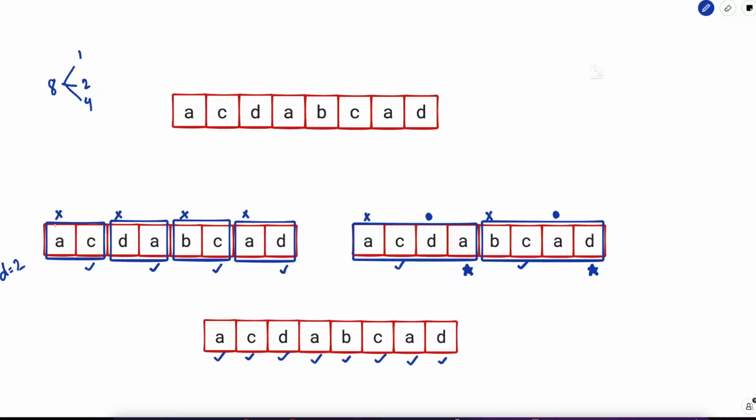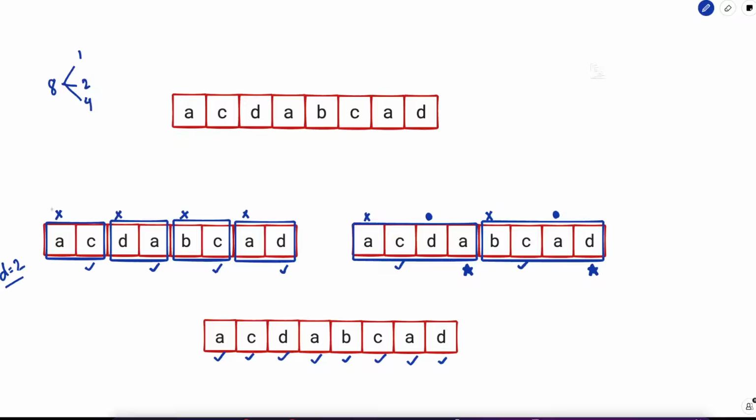For example, in this case, this is index 0, this is index 2, index 4, and index 6. So if you see, 0 modulus 2 is 0, 2 modulus 2 is 0, 4 modulus 2 is 0, and 6 modulus 2 is 0. So all of these indexes give the same modulus with d.